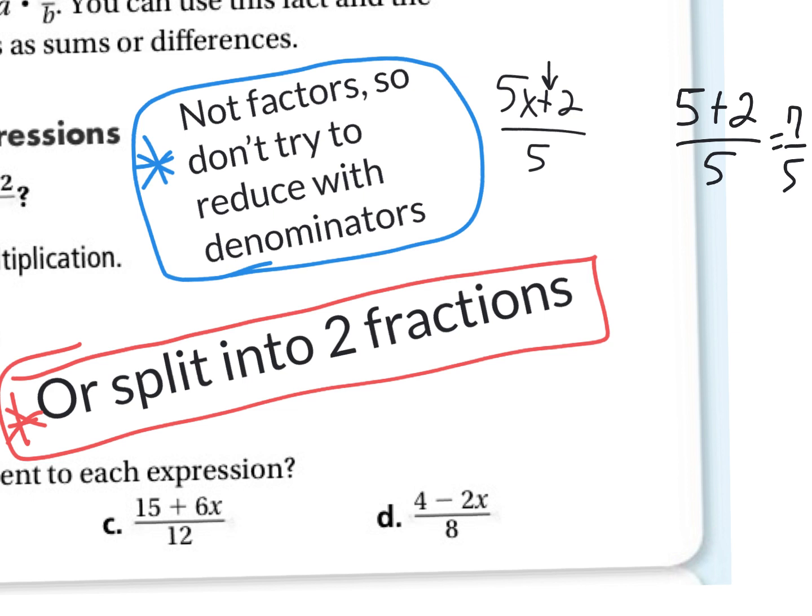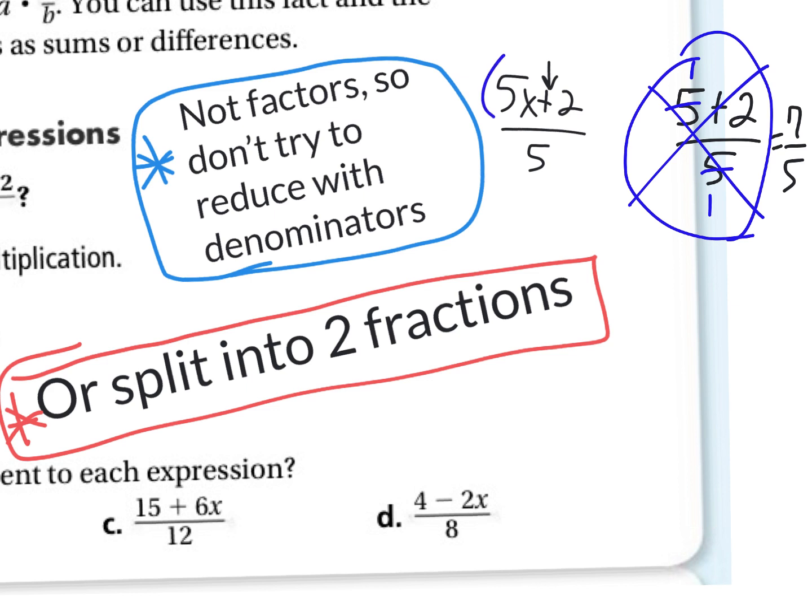If you would try to reduce the 5's, okay, again, this is wrong. This is what we're not going to do, but if you would try to reduce the 5's to 1's, you would end up getting 3 over 1, which is equal to 3. And 3 is not equal to 7/5. You can't do that, okay, because they're not factors. The 5 and the 2 there were not being multiplied, okay?